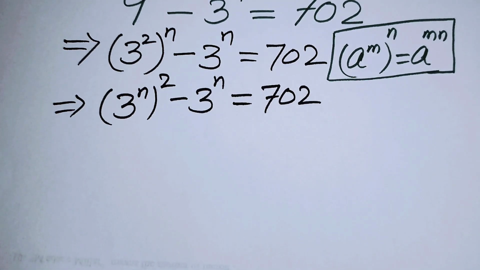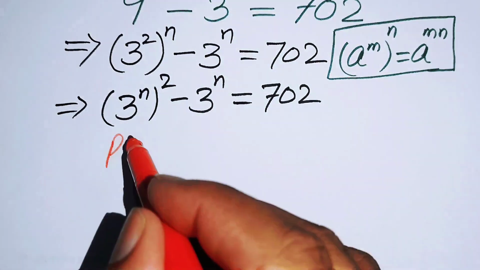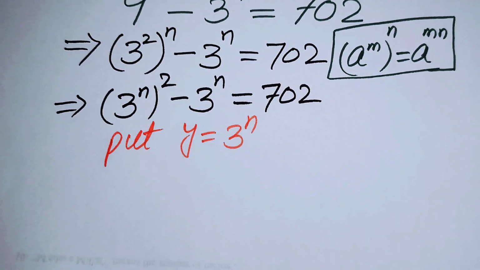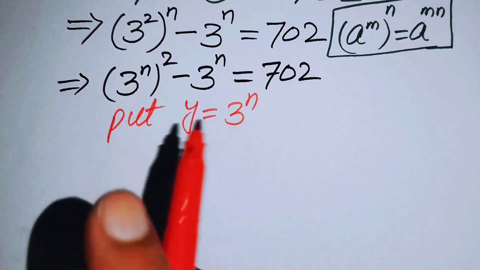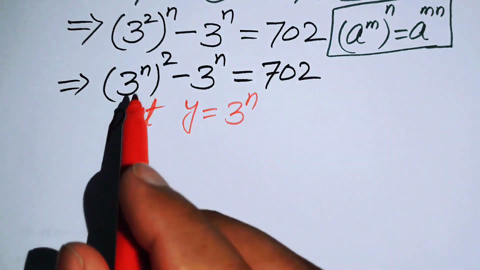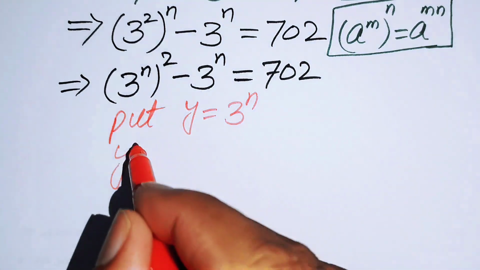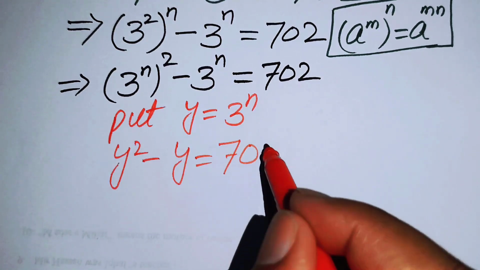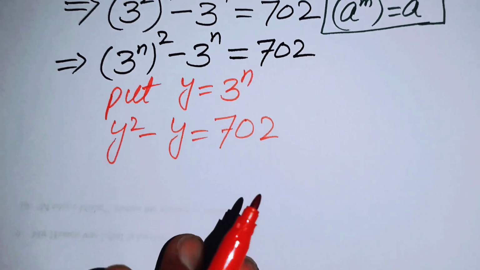Now I can make a little substitution here, and we can convert this exponential equation into quadratic form. I can put y is equal to 3 to the power of n, so that this equation becomes y squared minus y is equal to 702.